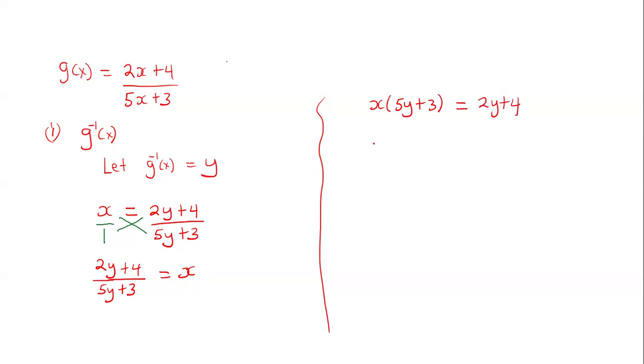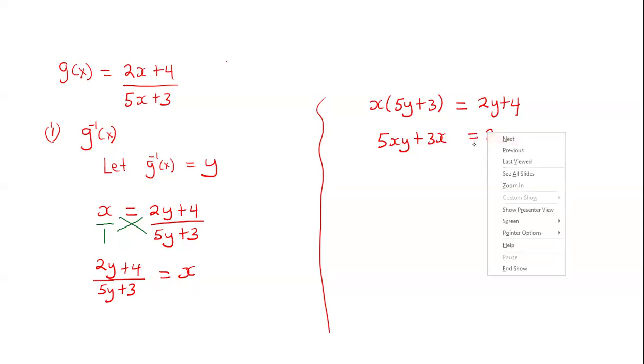Okay, very good. Now I'll get 5xy plus 3x is equal to 2y plus 4.